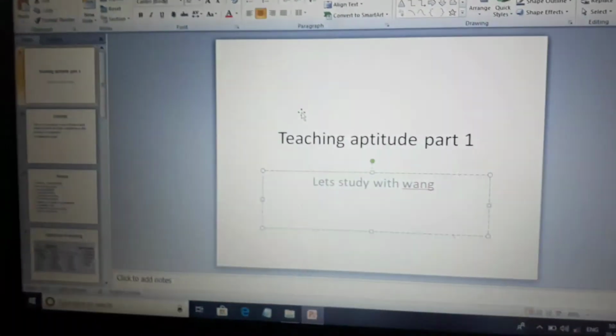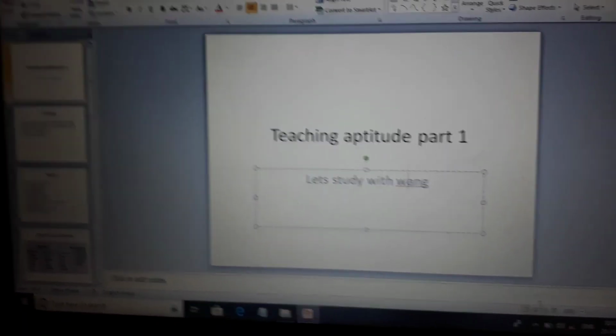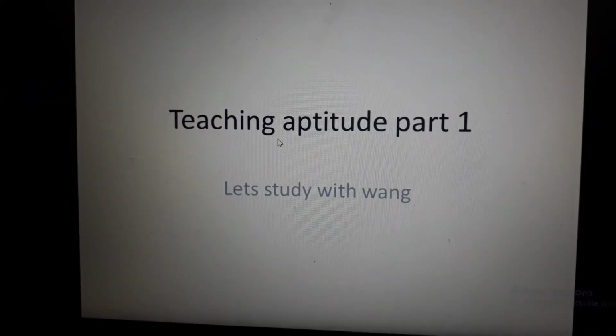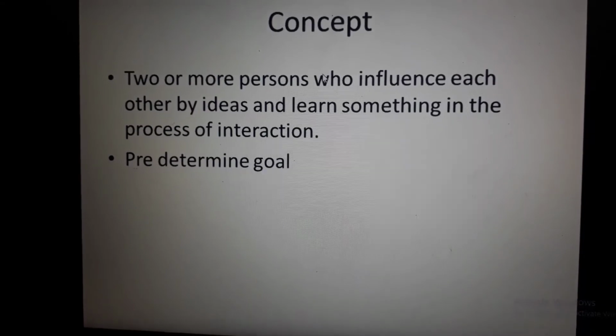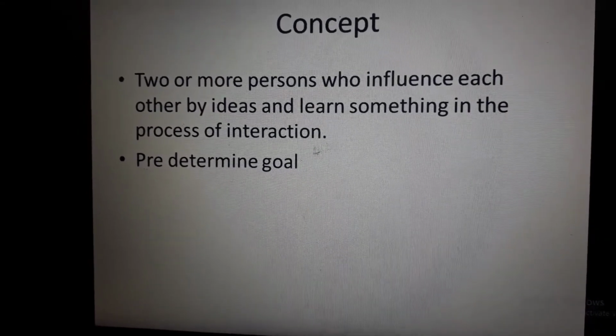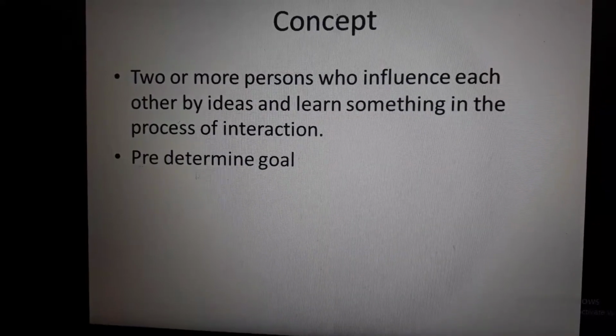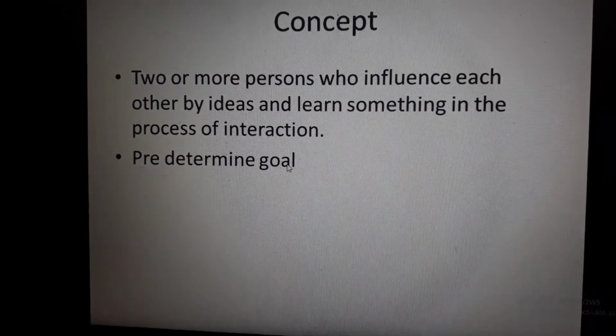Let's go through it again for revision. This is the teaching aptitude path. This is the concept: two or more persons influencing each other by ideas and learning something new. There must be some predetermined goal.